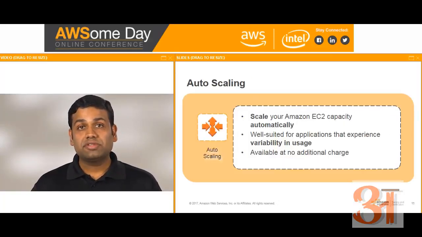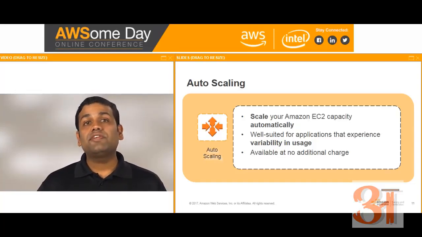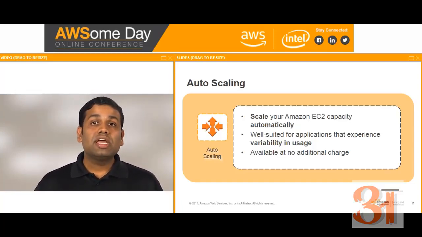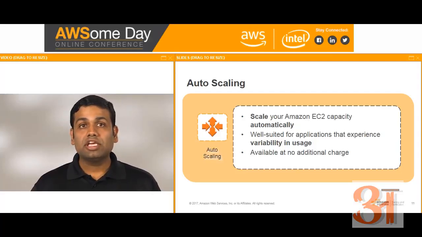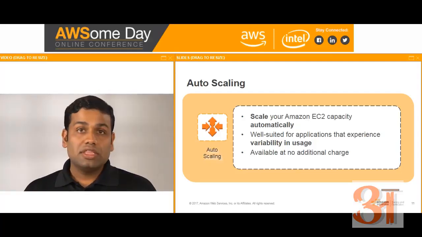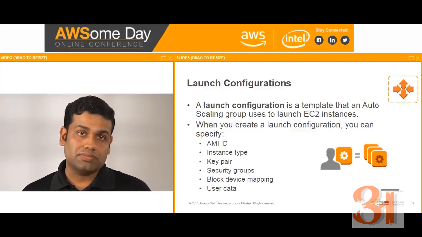Auto-scaling is a web service designed to launch or terminate Amazon EC2 instances automatically based on user-defined policies, schedules, and health checks. Setting up auto-scaling involves 3 steps. The first step is to create a launch configuration.